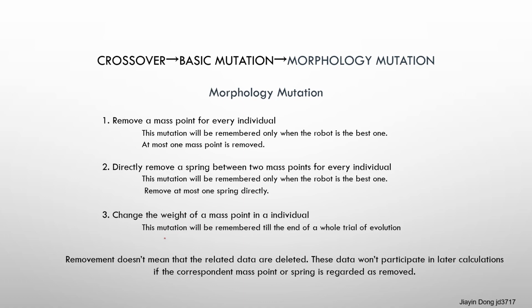The removal doesn't mean that the related data are deleted. It's just that this data won't participate in later calculations, as long as the corresponding mass point or spring is regarded as removed.